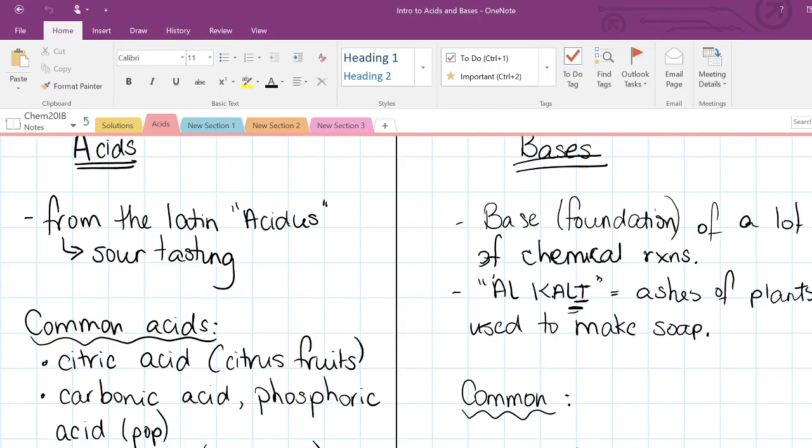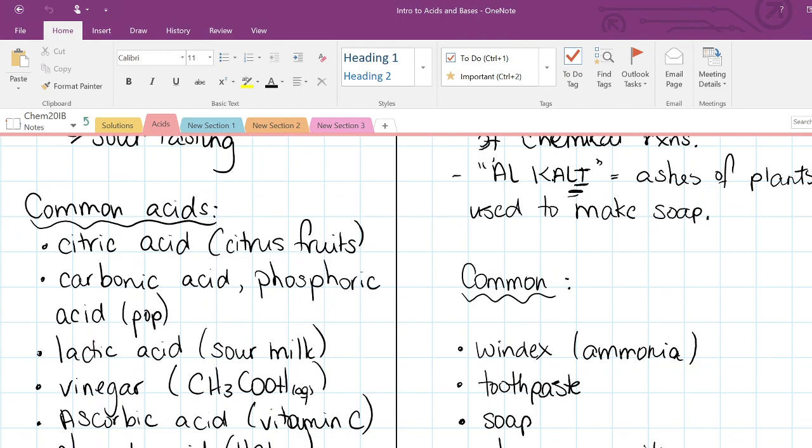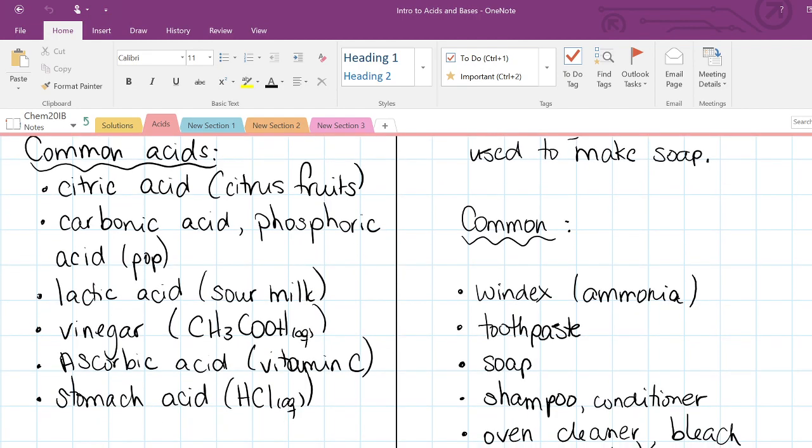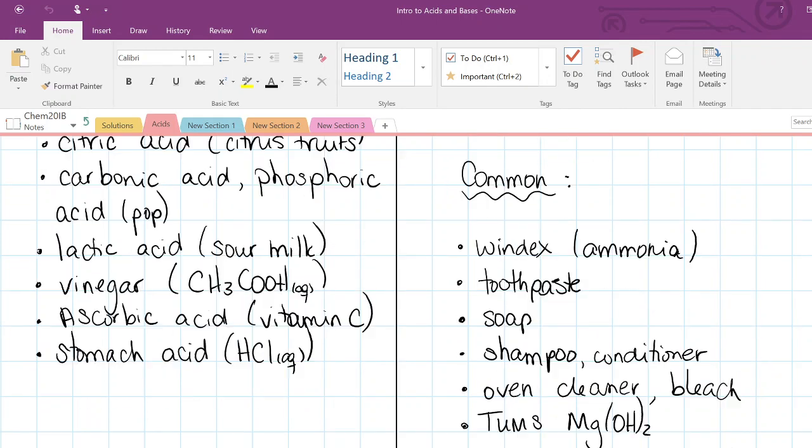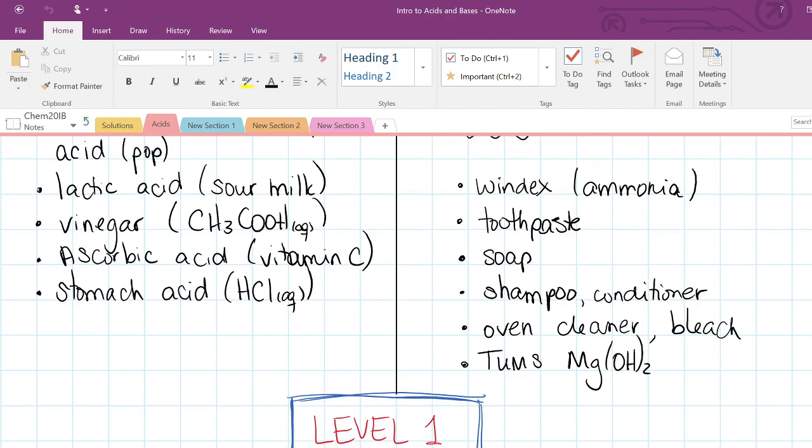I've listed here for you guys some common acids that you guys would find in regular consumer products, right? So citric acid in fruits, lactic acid in sour milk, vinegar we've talked a lot about. And then here are some common bases for you guys as well, so that you can see where bases are used in everyday life, because they really are used quite a lot.